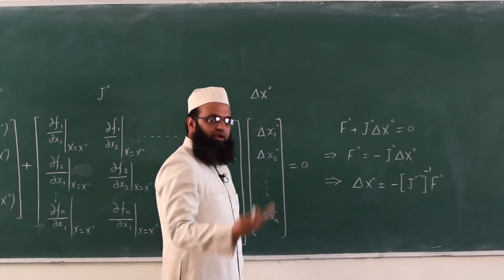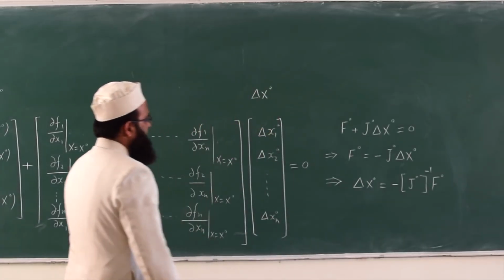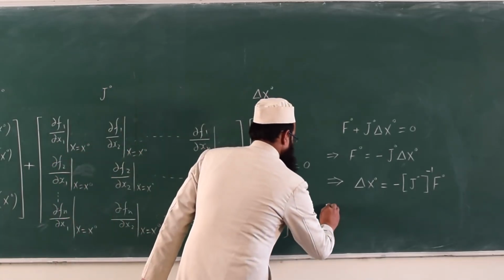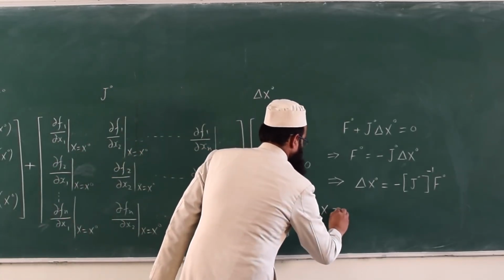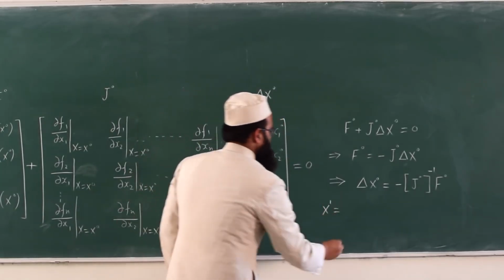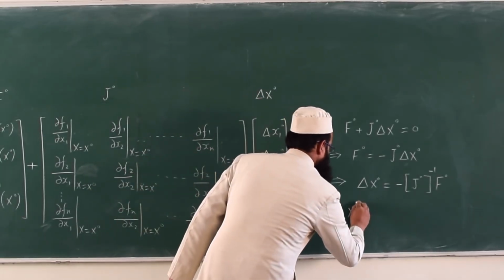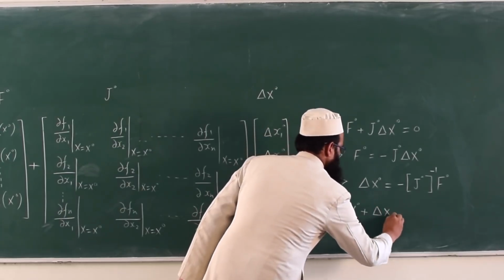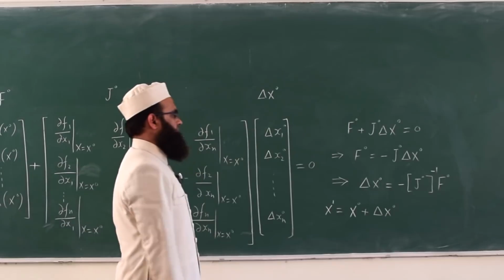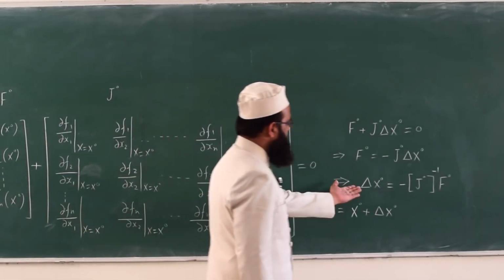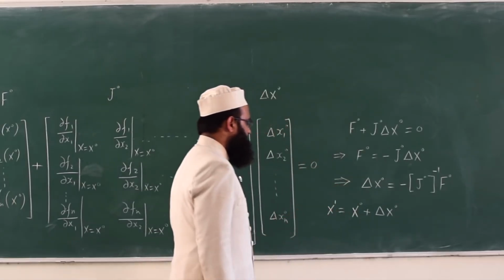So, say the updated values of the design variables x may be written as, say for first iteration x1 may be written as initial guess x0 plus corrections del x0, where del x0 is given by this.